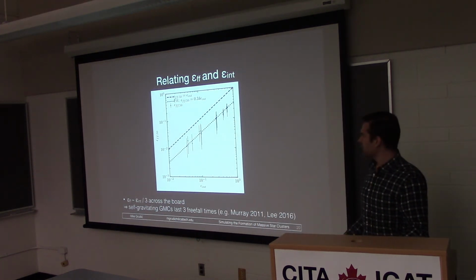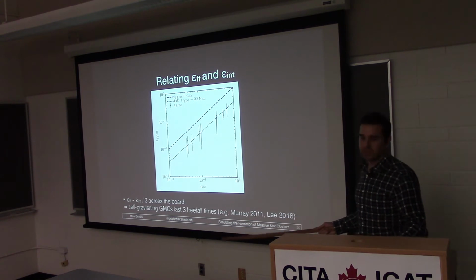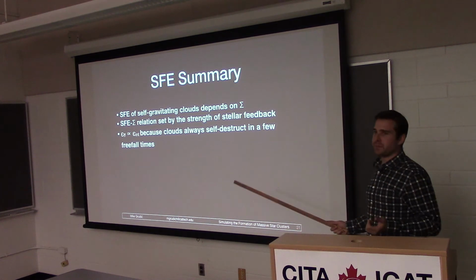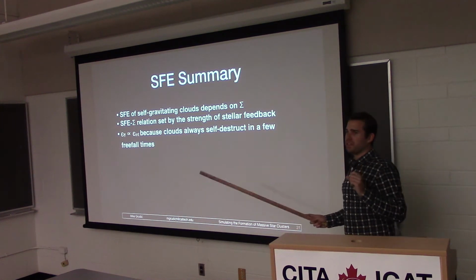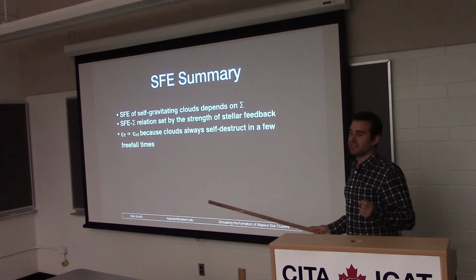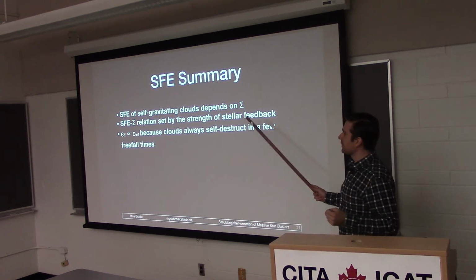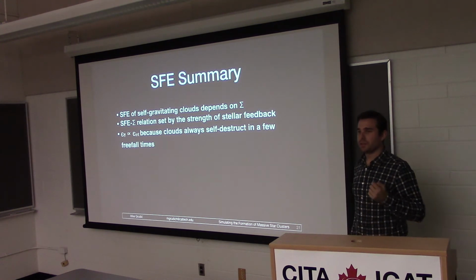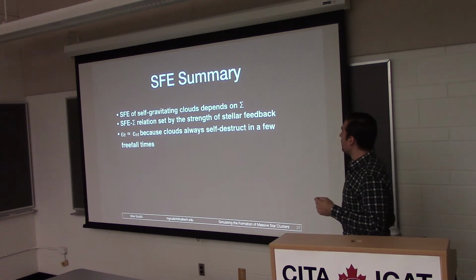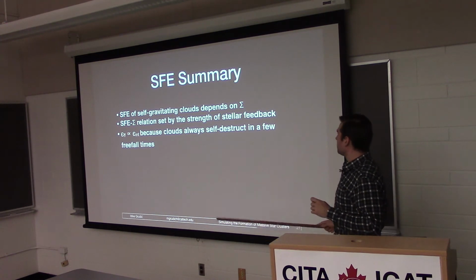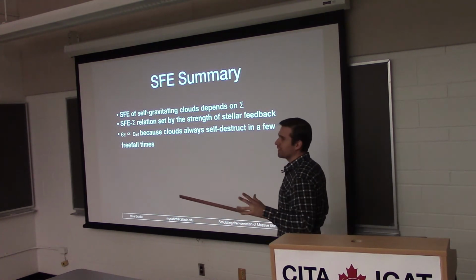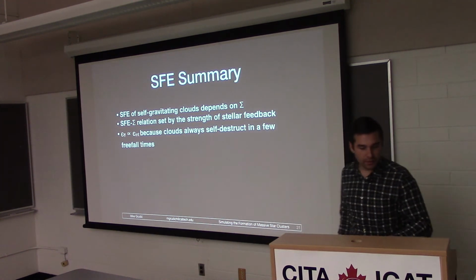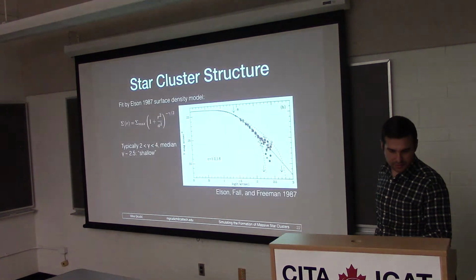We get a similar figure of 3 free fall times when we look at actual GMCs in the Milky Way. To summarize this star formation efficiency stuff, we find that the star formation efficiency is predominantly a function of the surface density of the cloud, and that relation is due to the relative scaling of the strength of stellar feedback and gravity. And because of the dynamics of the cloud destruction, we get this proportional relation between the two different types of star formation efficiency.